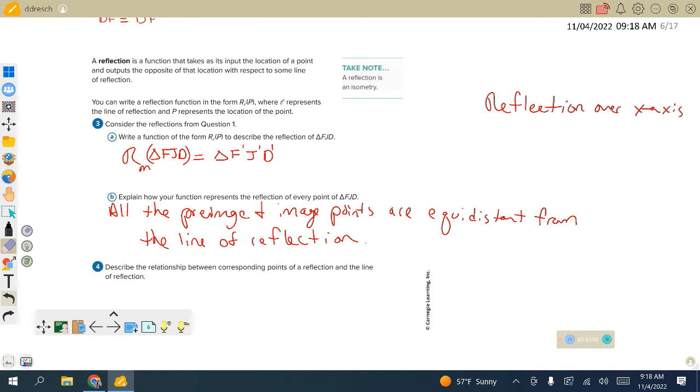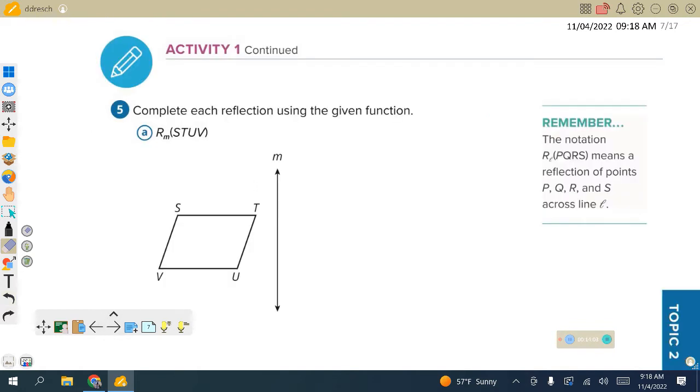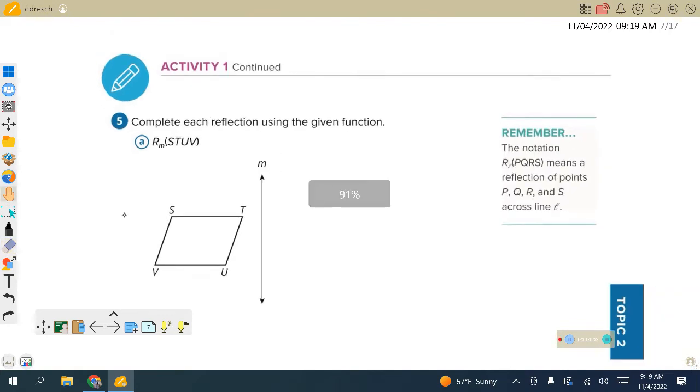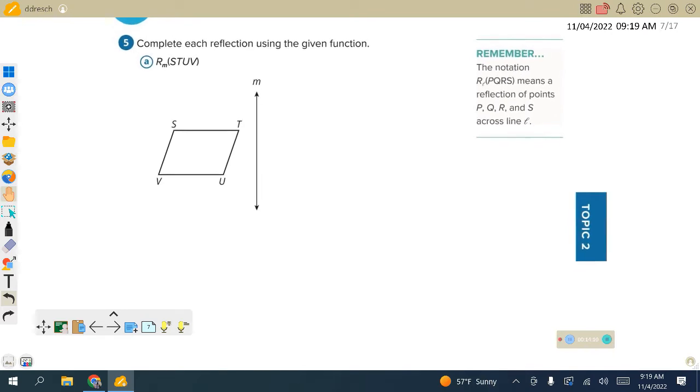Okay, let's look at that next page. Let's do now a reflection here. As we did yesterday with translations, we talked a little bit about it, and then we actually performed it. So this is where our patty papers come into play. It says to reflect quadrilateral STUV over line M. So when we do a reflection here, I am putting on that patty paper the pre-image quadrilateral and also the line of reflection.